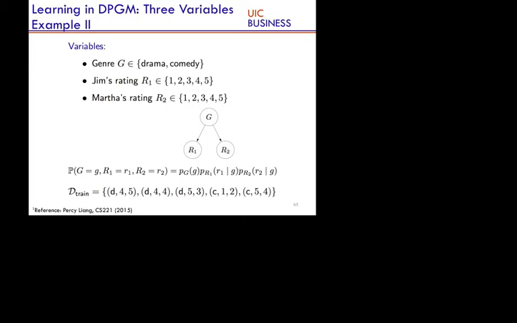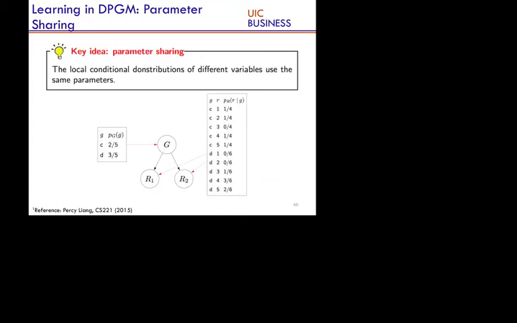Now here we can see that maybe these different users are not really different users with different distributions, but they may be the same user who is rating by drawing from a distribution. That's the idea of parameter sharing, which just means that the conditional distribution of R1 given G is the same as the conditional distribution of R2 given G. This means there is no distinction between the first user and the second user.